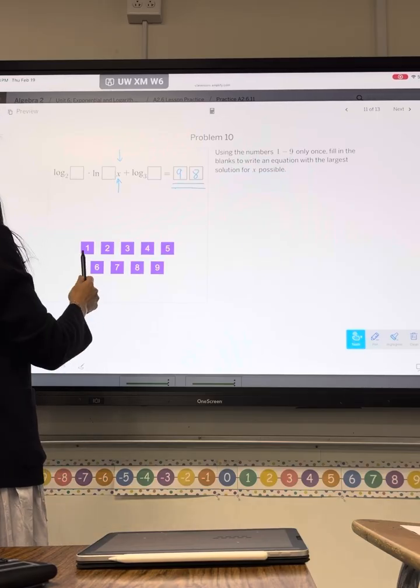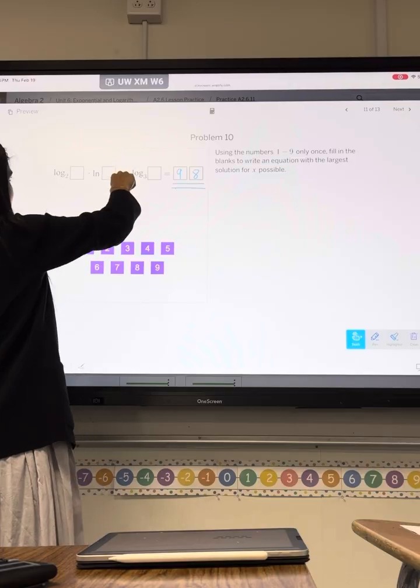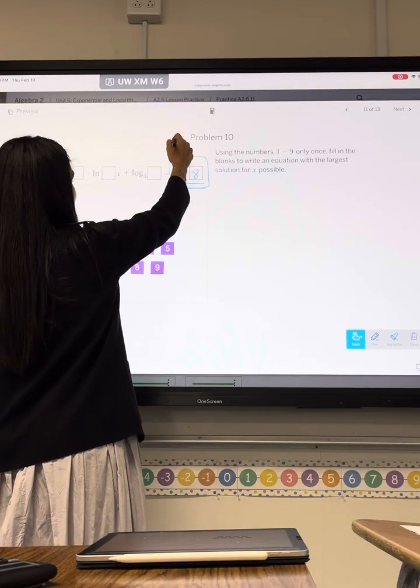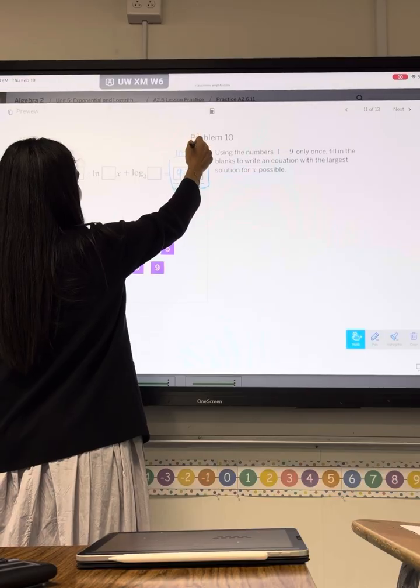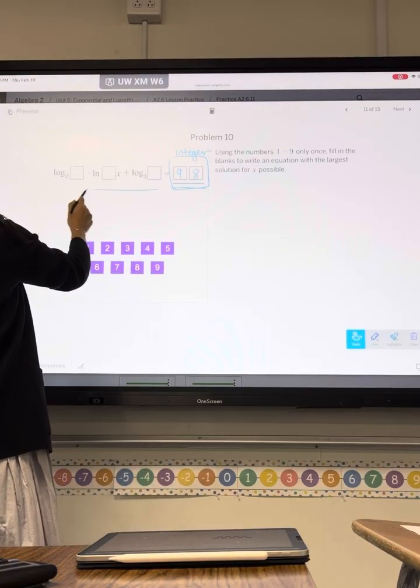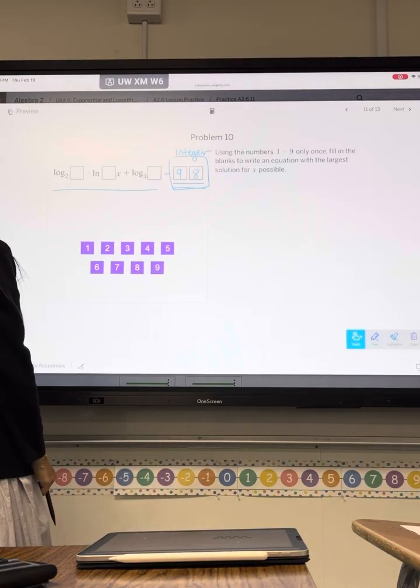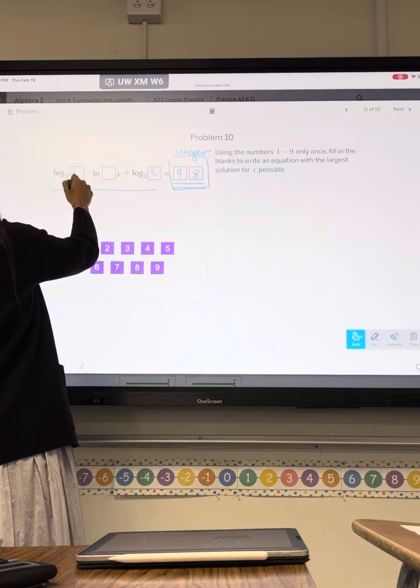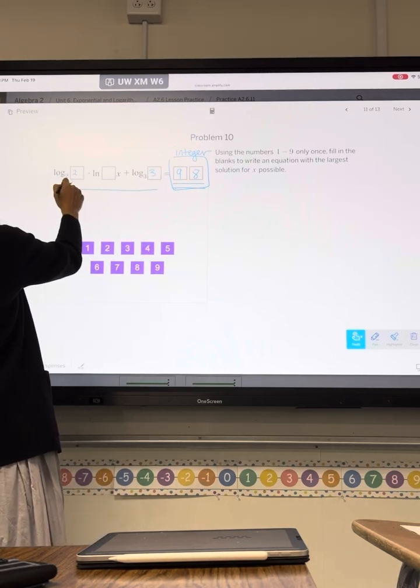Because okay, wait, I'm re-strategizing now, you guys. According to this being just a 2-digit number, i.e. an integer, then I need things on this side to work out nicer. So log base 3 could be of 3, log base 2 could be of 2 or 4.